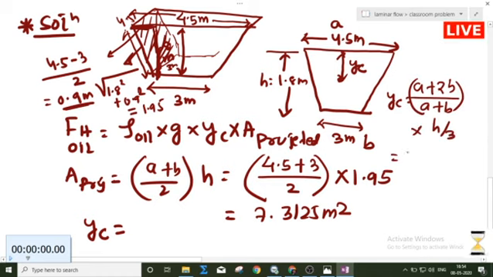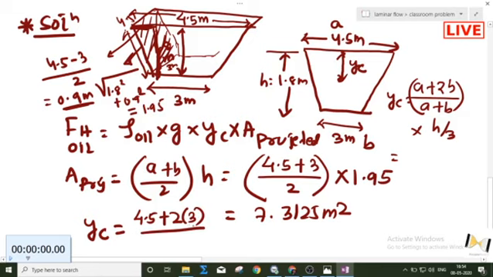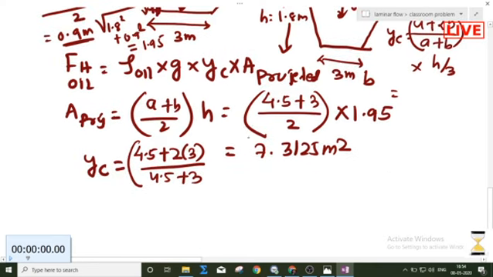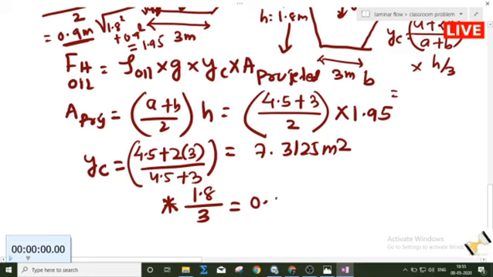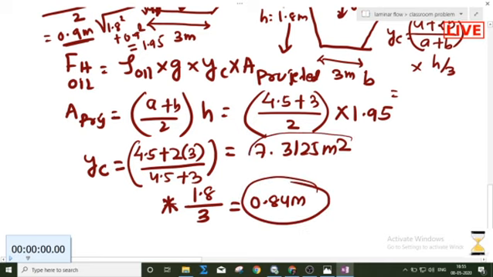So it is (4.5 plus 2 into 3) divided by (4.5 plus 3), into 1.8 by 3. How much is yc? It comes out to be 0.84 meter. So the projected area is 7.3125 and yc is 0.84.